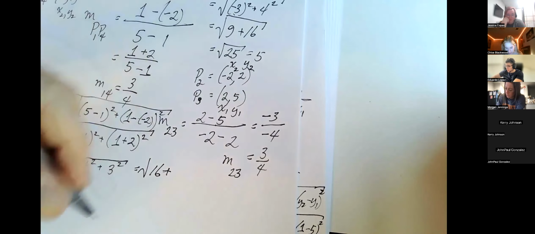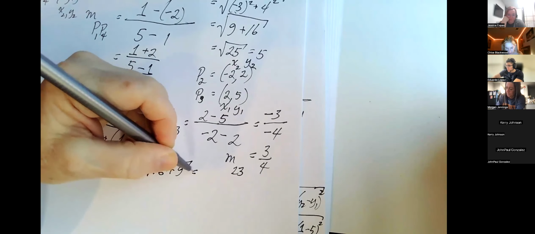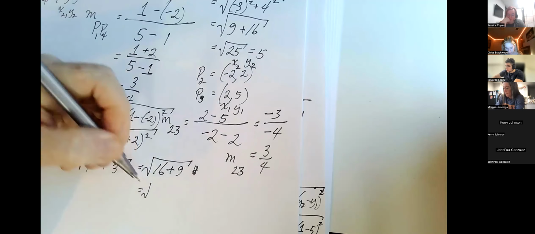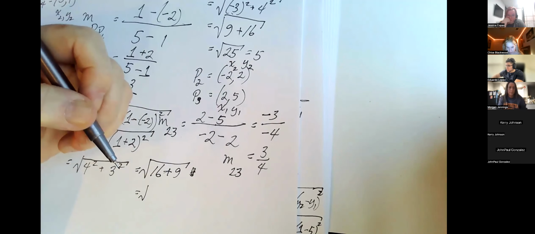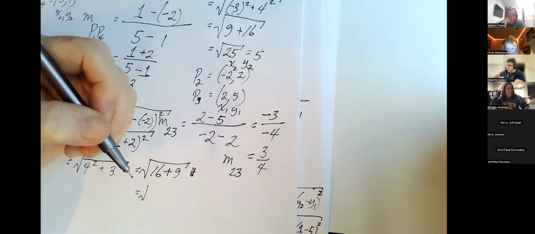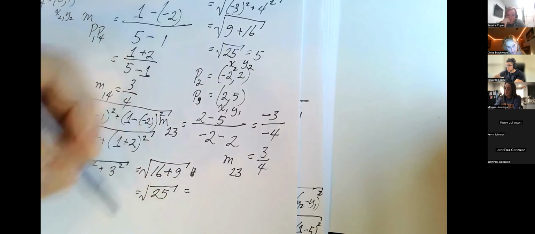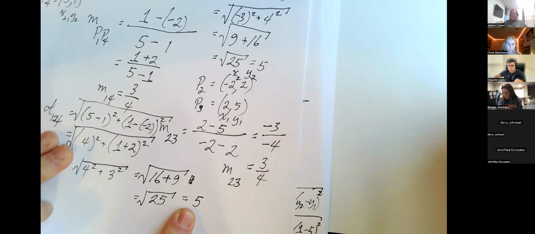And 3 squared. 9. And 16 plus 9? 25. Awesome. And the square root of 25. 5. Okay, awesome. 5.